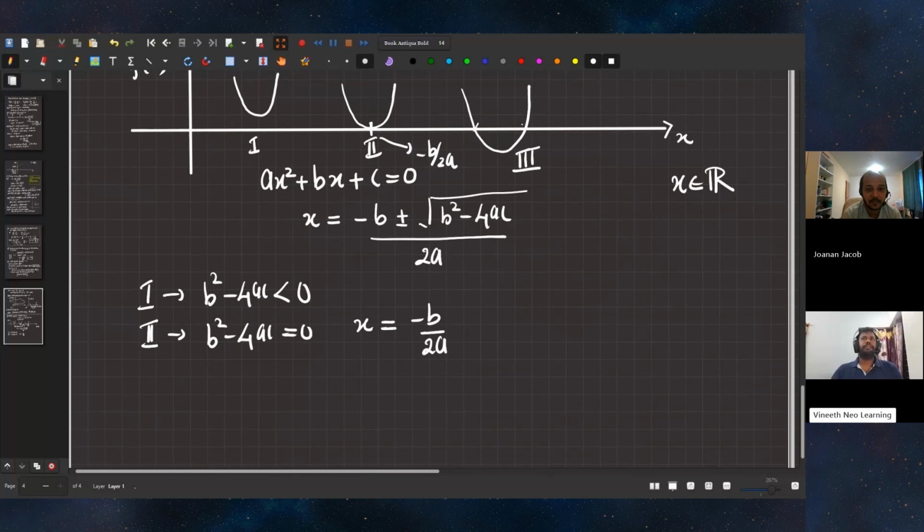When will case 3 happen, Joe? When b squared minus 4ac is greater than 0, there will be two roots.